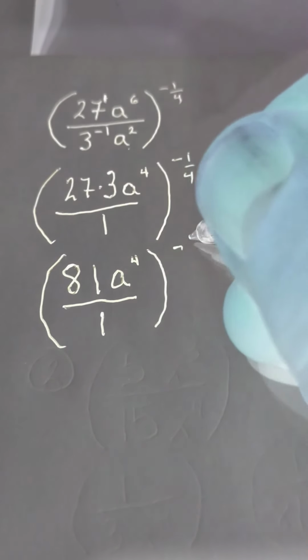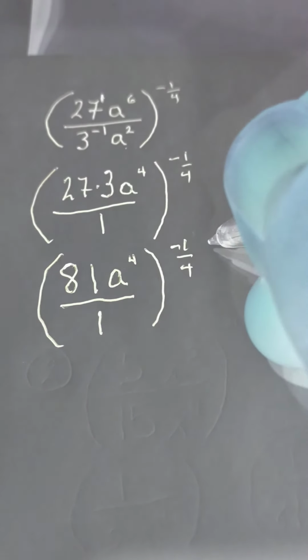And I'm going to keep simplifying within. 27 times 3. Here we go. 81. A to the 4. And we can write this 1 as a denominator. We don't have to. To the negative 1/4. Okay?